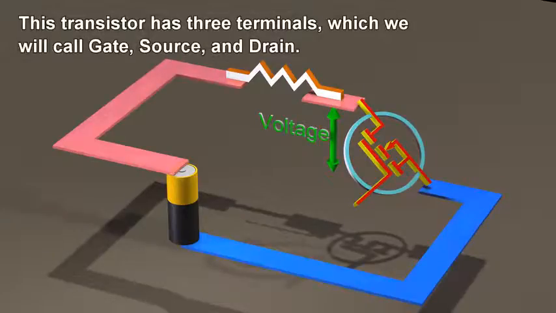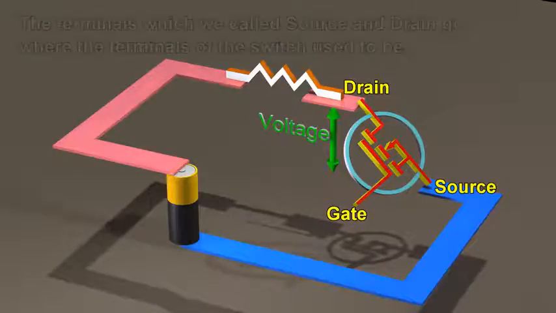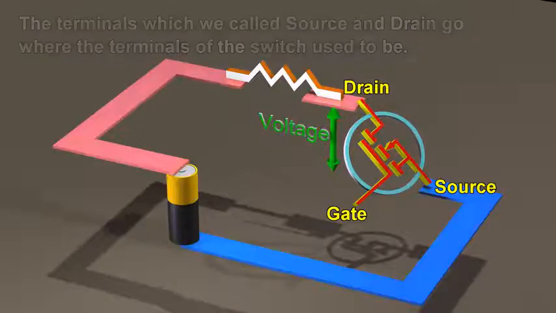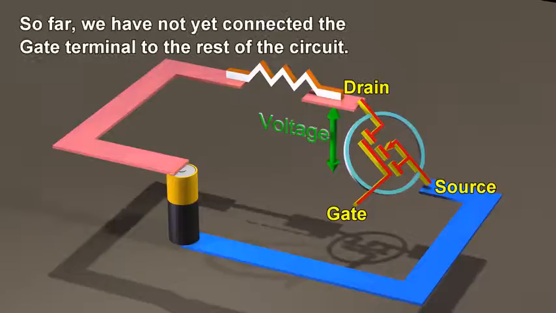This transistor has 3 terminals, which we will call gate, source, and drain. The terminals which we called source and drain go where the terminals of the switch used to be. So far, we have not yet connected the gate terminal to the rest of the circuit.